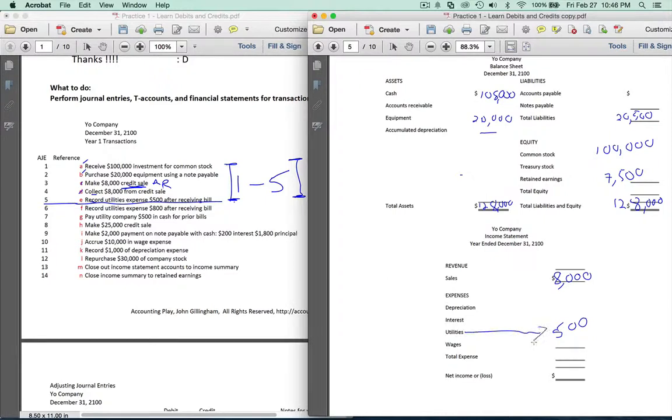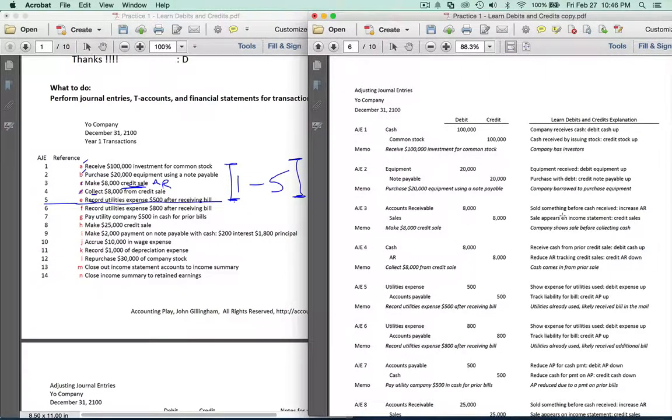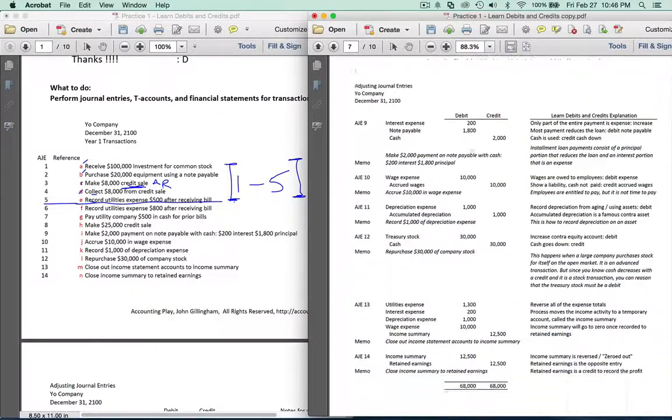Utilities. Total expense 500. Yay. And this minus this is 7,500. Now note how these two are connected, right? It's great. So this is how it really looks, okay? And then we also have the continuation of this example.